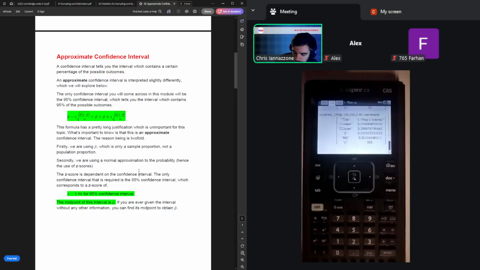And as you increase your sample size, that's why the lower and upper bound shrink ever so slightly closer and closer to the center. Because as you increase the sample size itself, the likelihood that your p hat value, your estimate, is close to the actual population proportion rises significantly.